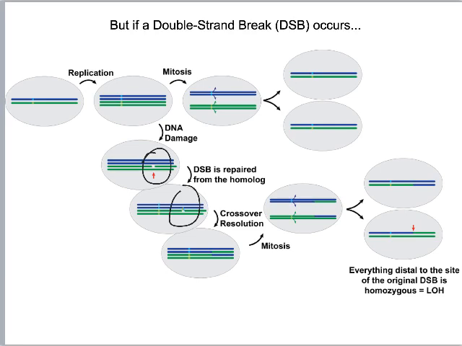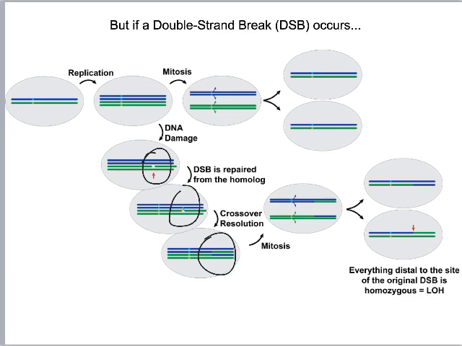During the resolution of that, I can either resolve it to give crossing over, as is shown here, where now the maternal and the paternal arms have been exchanged, or I could resolve it so that I just get patch repair and I won't see that. So we're not going to consider that case. We're just going to consider the case where we get crossing over as a result of the homologous recombination.